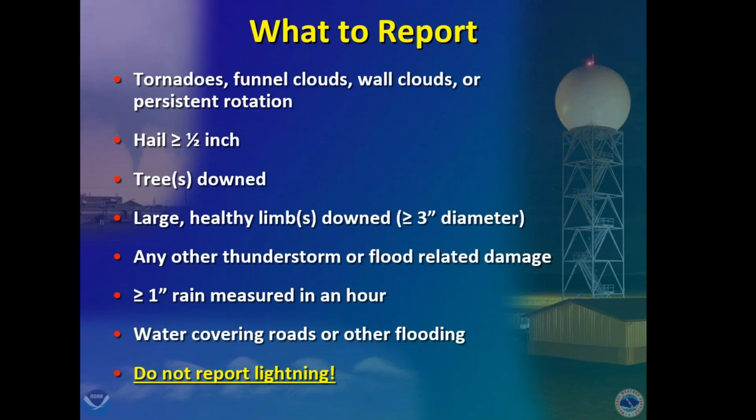Many is the time we'll ask and call around for reports and ask folks if you've had damage, and they'll say, no, just a couple of trees knocked down. A tree down is damage. So if you have a tree down, that's damage. If you see some large tree limbs down, either on your property, or if you see some trees down on the way home from school or work or wherever you're coming from, let us know about that.